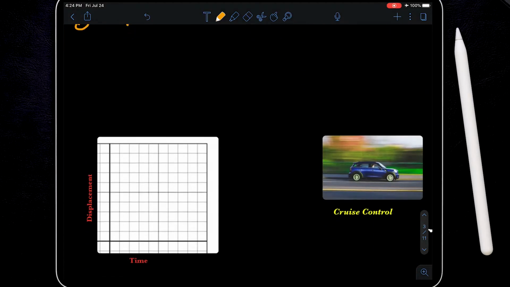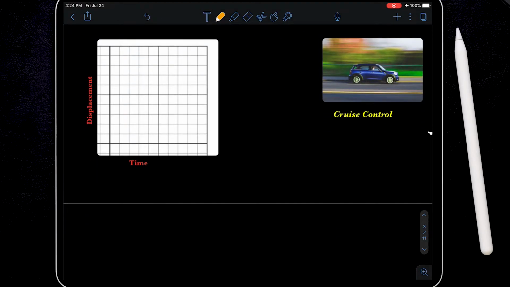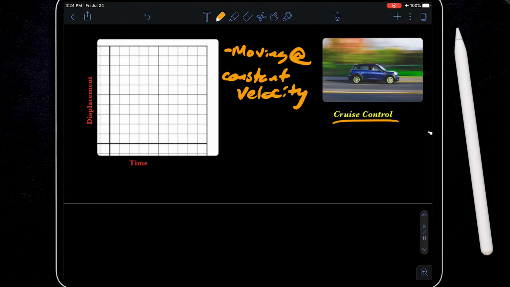All right. Let's look at this car right here that is on cruise control. So before we jump into the graph, what does that actually mean that the car is doing? That means that the car is moving at a constant velocity. So its speed is not changing, it's not speeding up, it's not slowing down.